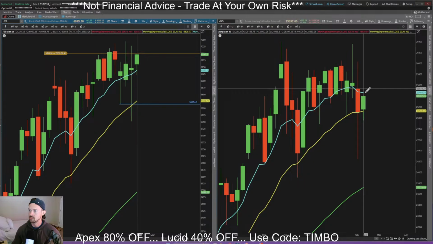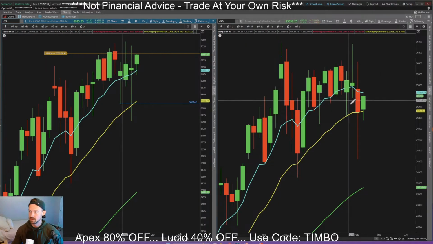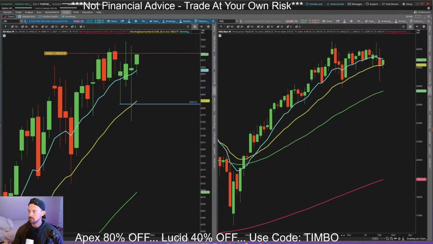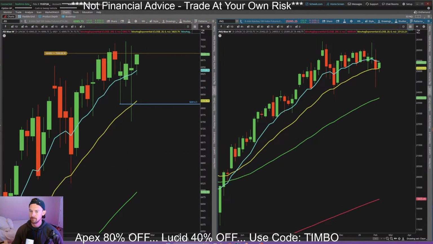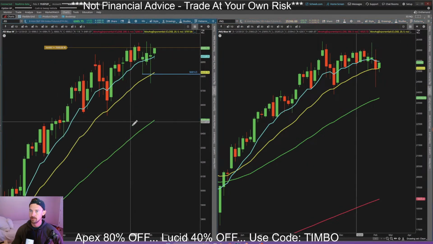NQ is getting close up to last week's open. Another 130 points-ish, which is nothing right now. Safe to say the buyer's about to dip there.